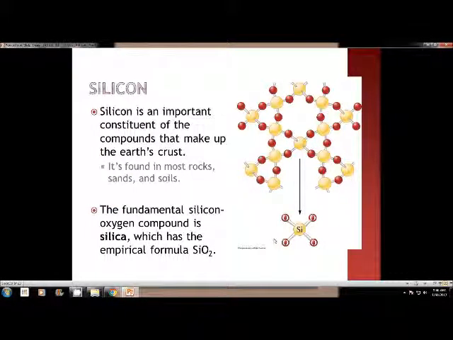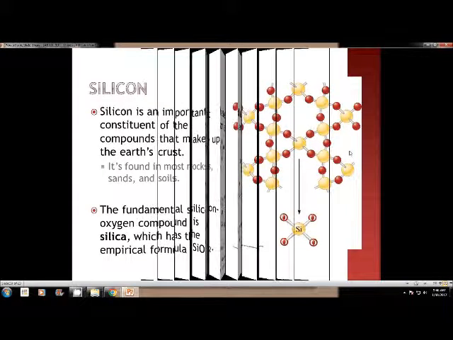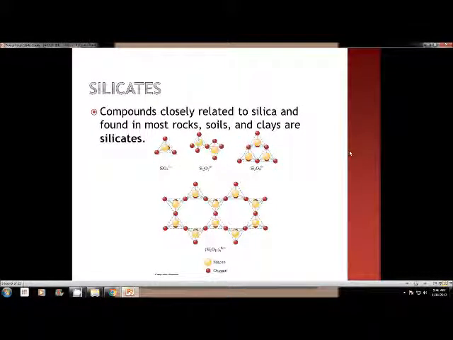Silicon is another atomic network solid, but it's a little bit different. It's an important constituent of the compounds that make up the Earth's crust. It's found in a lot of rocks, sands, and soils. The fundamental silicon-oxygen compound is called silica, which is SiO2. It's a molecule that repeats itself to make up the network solid, not just pure silicon.